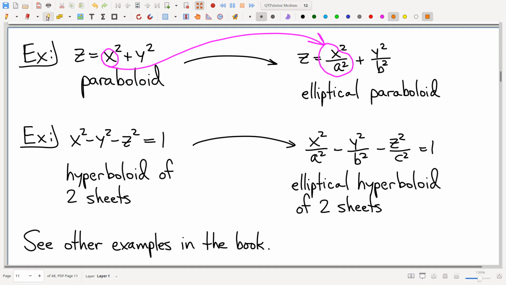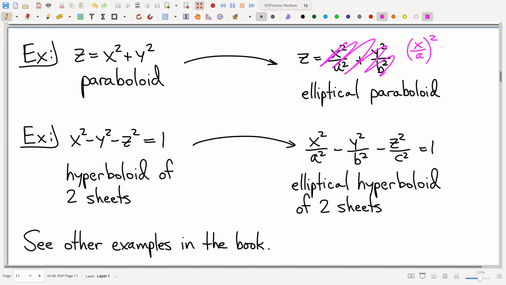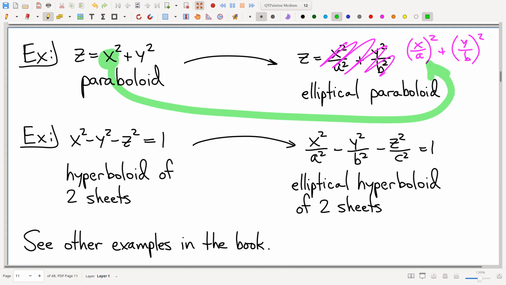What we are doing, and you can see it more easily if you rewrite this algebra a little bit, let me rewrite all of this as x over a squared plus y over b squared. And now it's easier to notice that, in fact, the x is getting replaced with x over a. So do be very careful about that algebra. It's easy to mess that up.